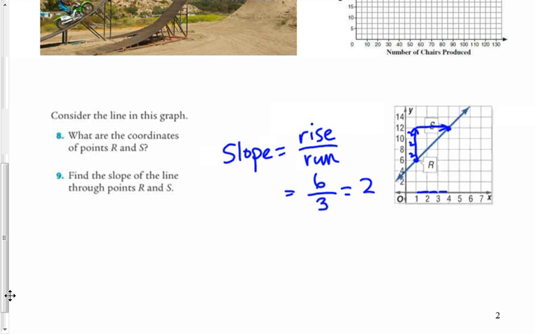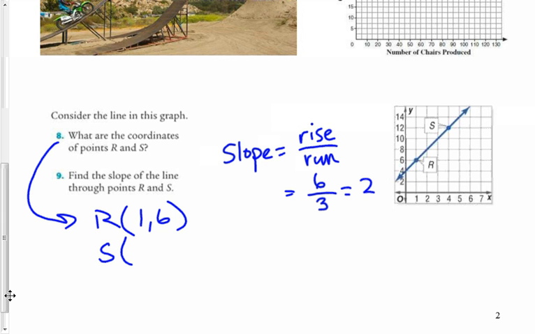Another way we can calculate that slope is just by using the points. So the coordinates of the point R, I'll put this down here, are 1 and 6. The coordinates of S are 4 and 12. And we can also find that rise and run by using points. So these are the X coordinates, these are the Y coordinates.